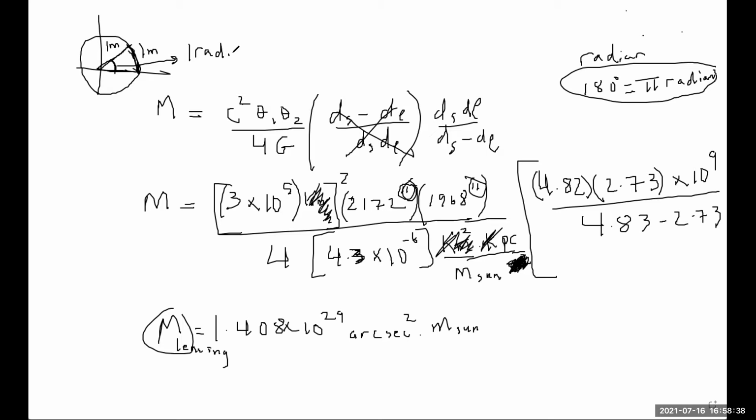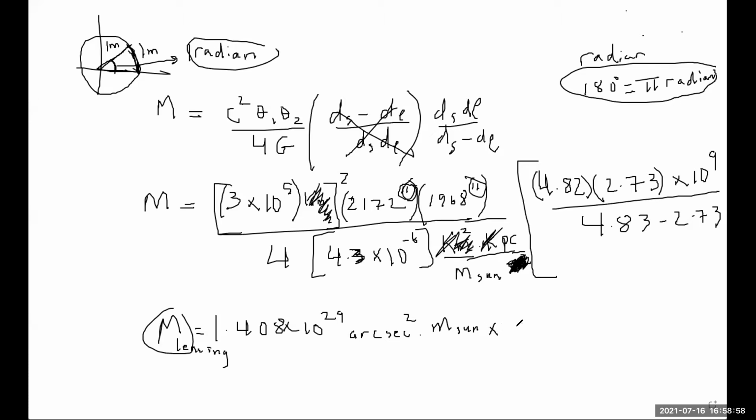You see? But the radian itself is unitless because it's 1 meter over 1 meter. So for an angle not to have any quantity to it, it needs to be measured in a radian.